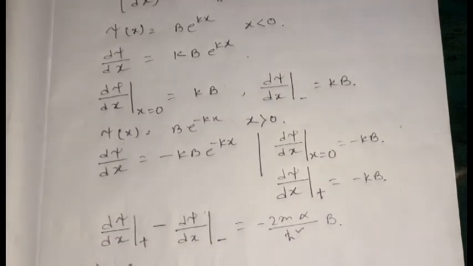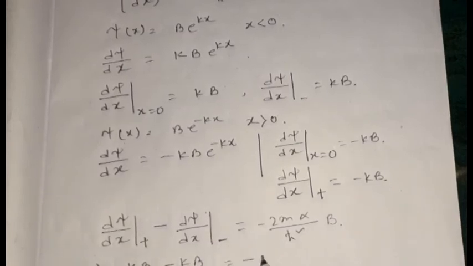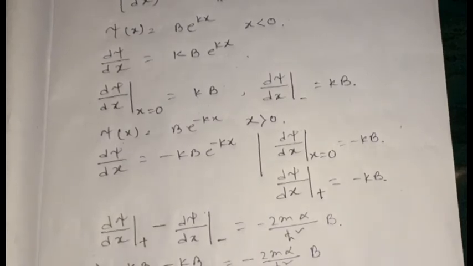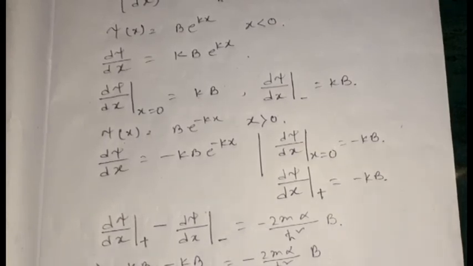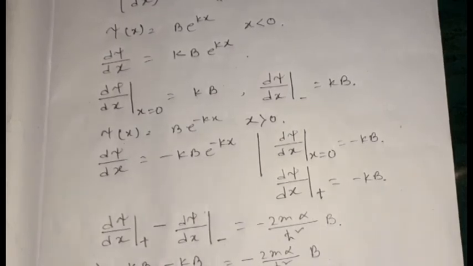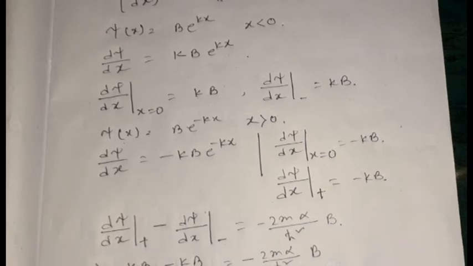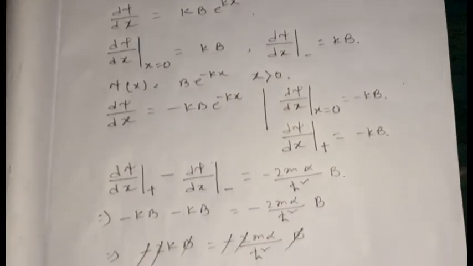So minus 2kb is equal to minus 2mα/ħ² times b. So what do we get? Okay, so k equals mα/ħ².